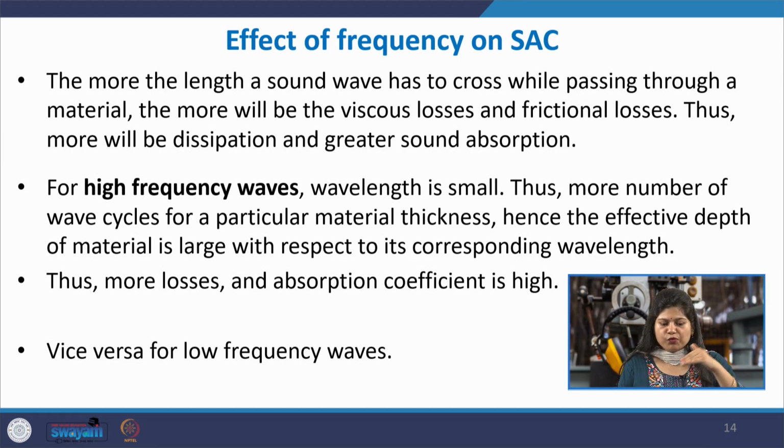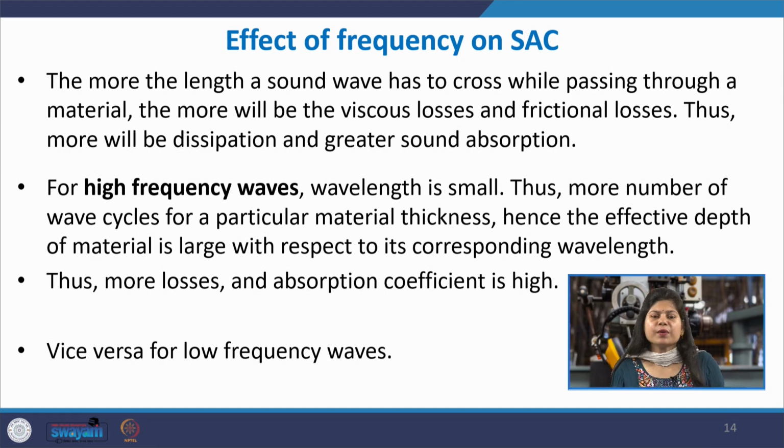So, there are more wave cycles for that particular material thickness, and hence more dissipation. A crude way of saying this: let us say I have a certain thickness of a material and I am passing a very high frequency wave through it, and roughly 1 lakh wave cycles are passing through that material. A lot of wavelengths are passing through, and a lot of dissipation is happening, because for every fluctuation some kind of dissipation is happening.